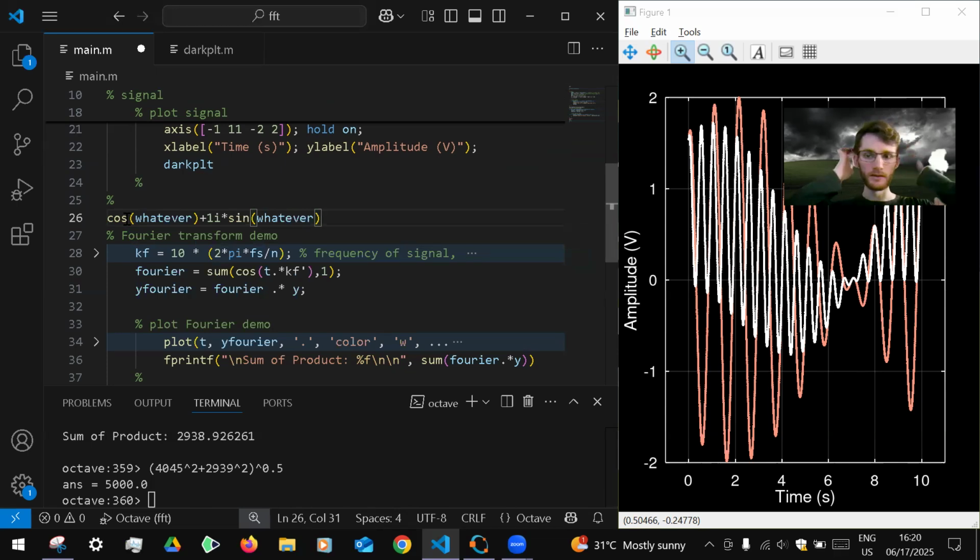So basically I'm taking the cosine wave and adding it to square root of -1 times the sine wave. That will result in a complex number in which the real component corresponds to the cosine wave and the imaginary component corresponds to the sine wave. The magnitude of that complex number is equal to that highest theoretical sum of product thingy.